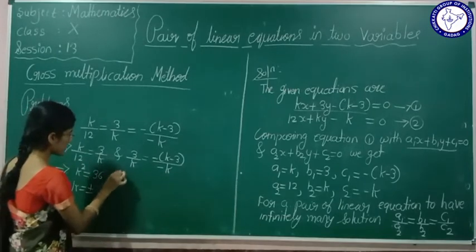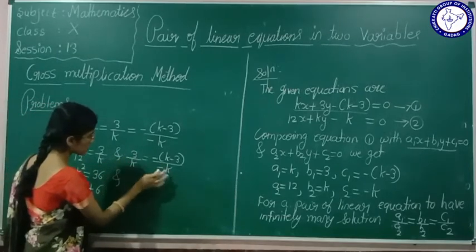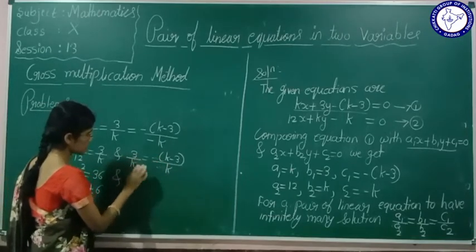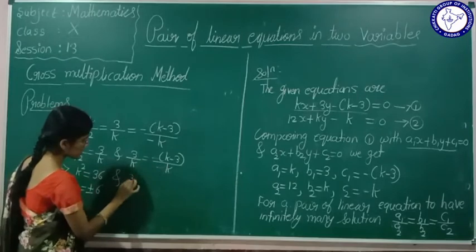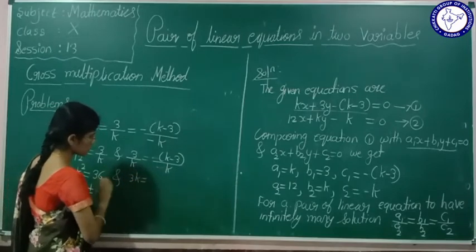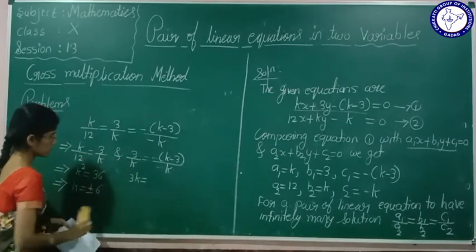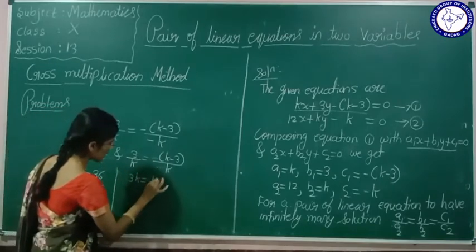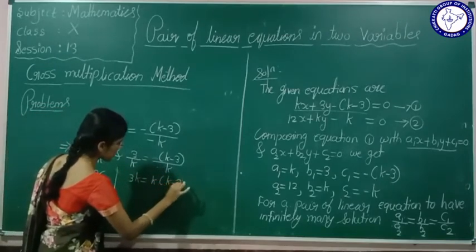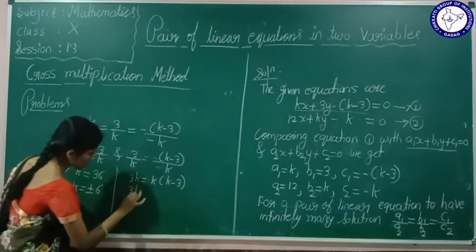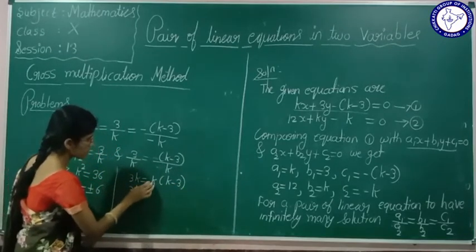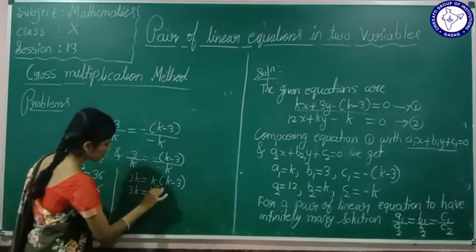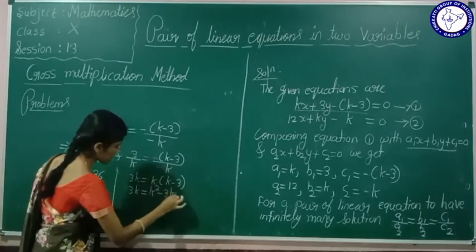And now see here, 3 into minus, here the minus will cancel. 3 into k is 3k is equal to k multiplied by k minus 3. So 3k is equal to k square minus 3k.